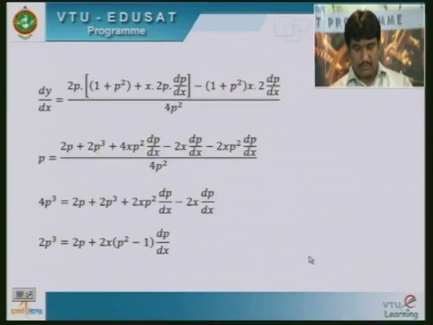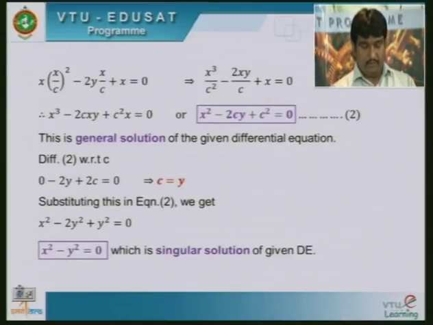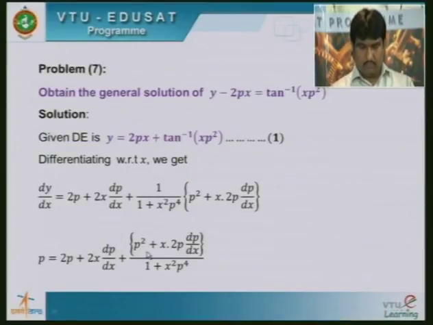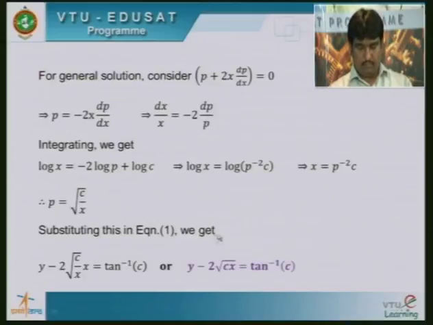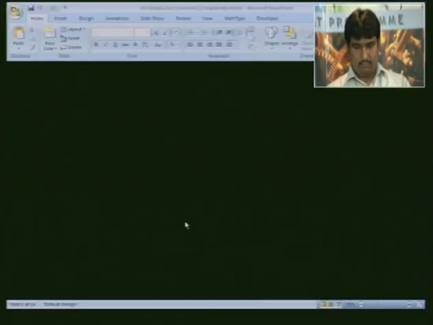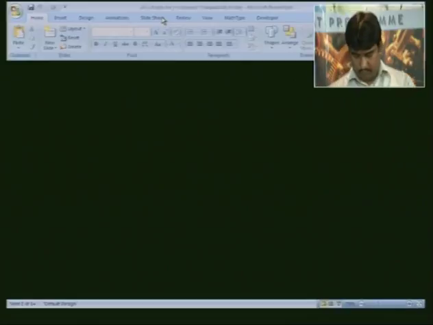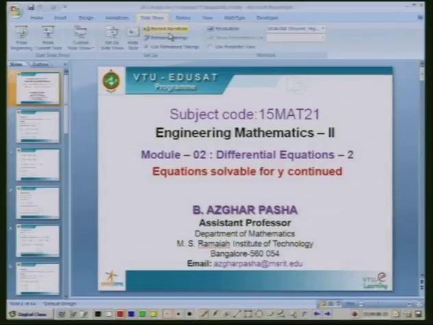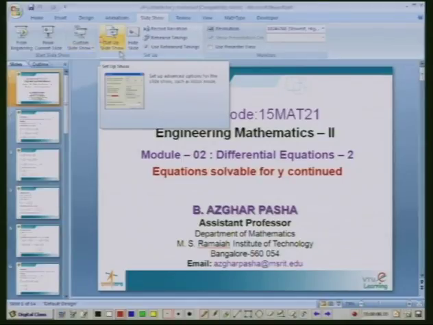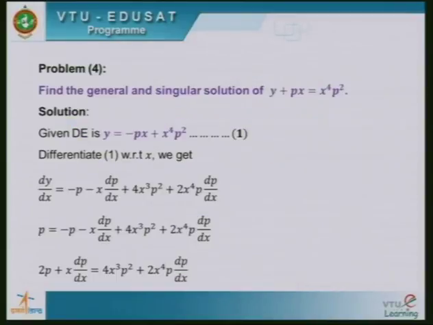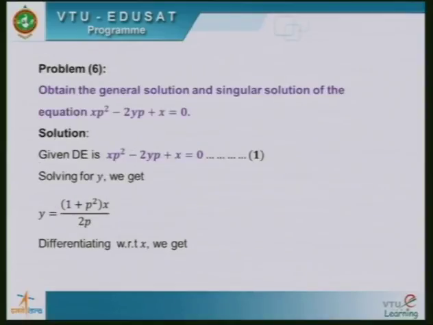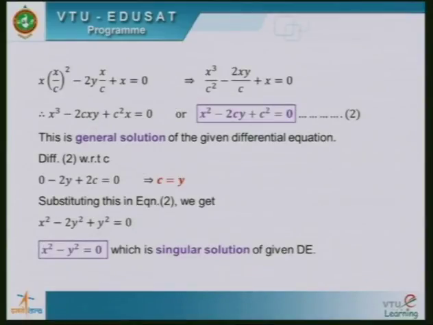You can see here, yes, we have x square minus y square equals 0. I'll just show that to you. Problem number 6. Yes.